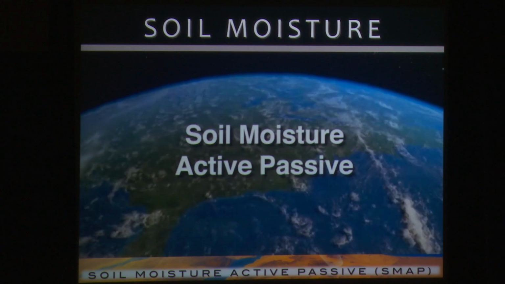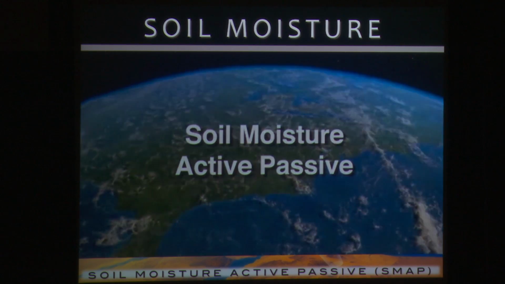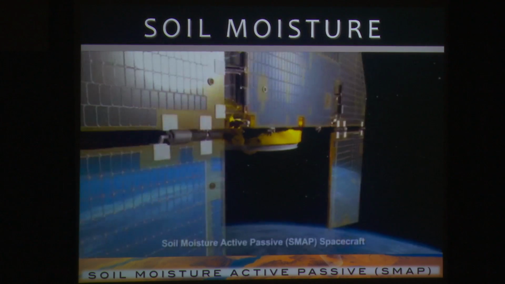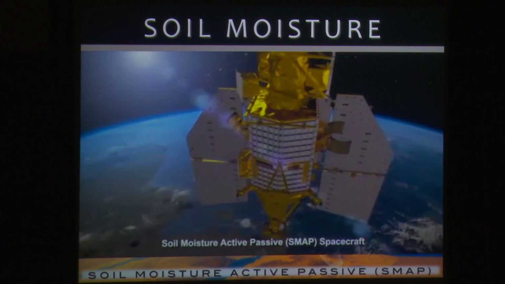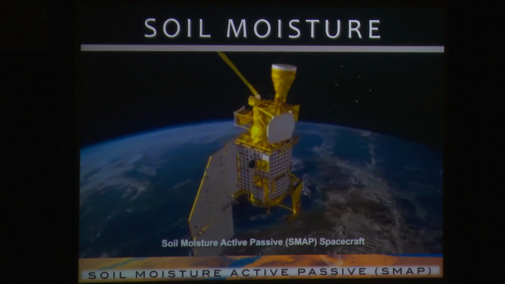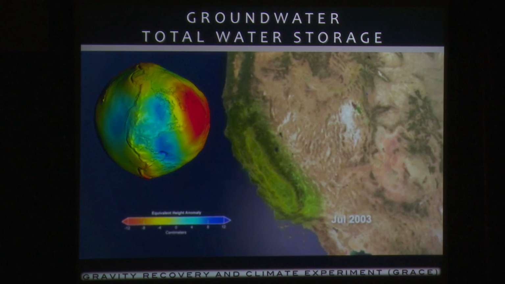SMAP, the Soil Moisture Active Passive mission, I guess, and it's okay. That was a low blow. I'm on the SMAP team, but getting soil moisture, and then the groundwater using GRACE to look at gravitational anomalies, as more groundwater pulls the satellites towards the Earth, less groundwater pulls the satellites to Earth less.